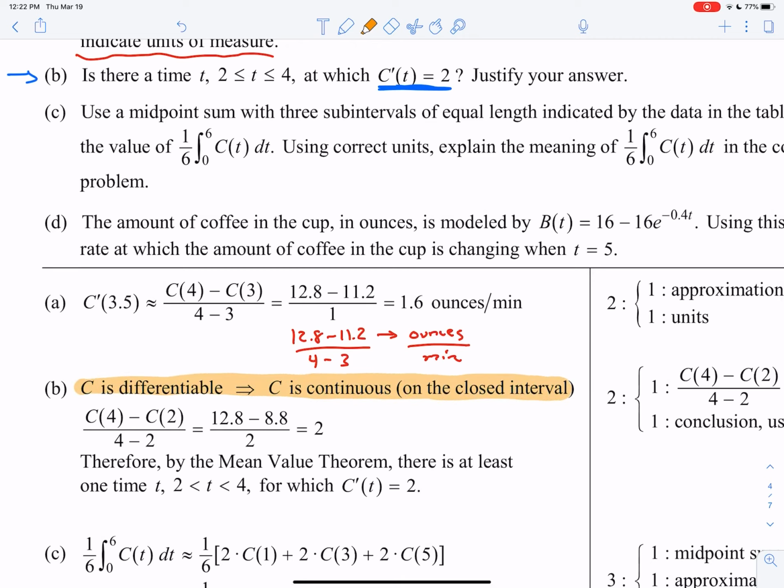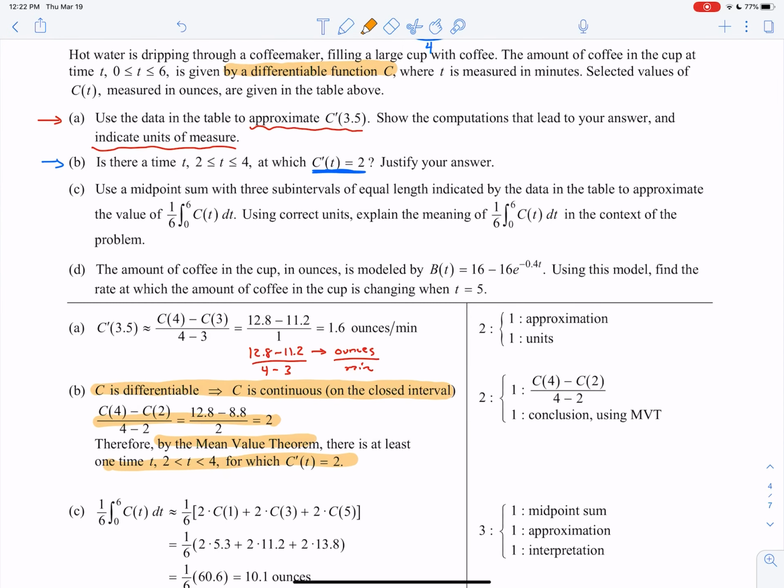But also, they showed that the average rate of change came out to 2. So then you just make your conclusion. By MVT, there's at least one time where that's going to happen. Okay? Those problems take a little bit of practice. It's not too straightforward as part A, but still very doable with time. Okay, so just keep that in mind.